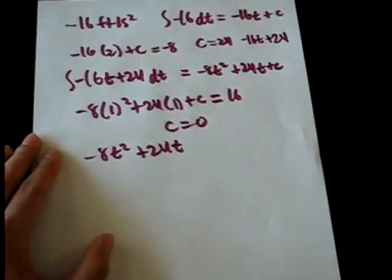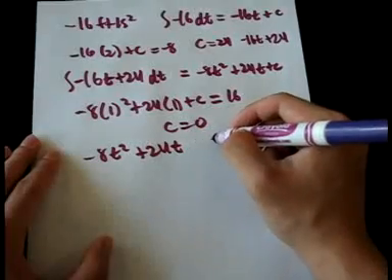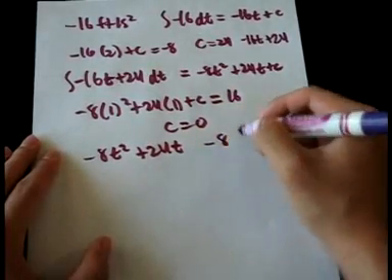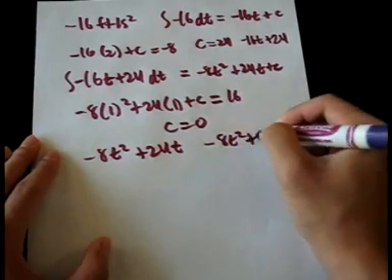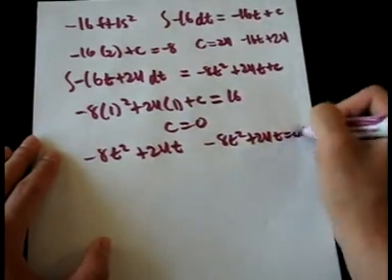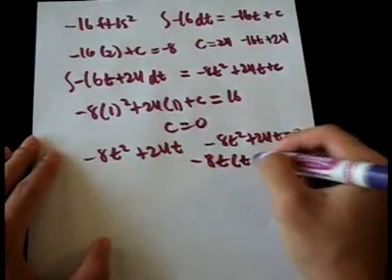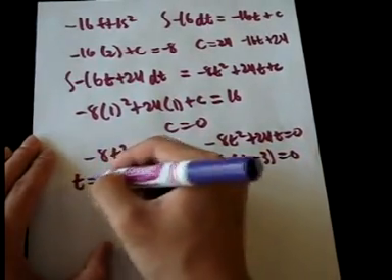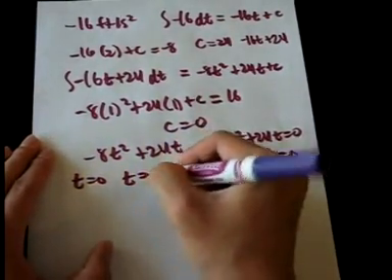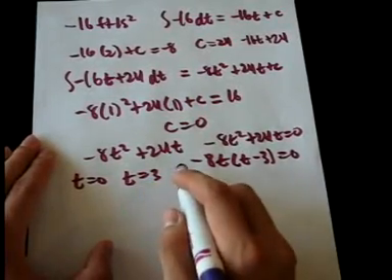To find how long it stayed in the air, you just factor it out and set it equal to 0. So my rocket stayed up in the air for 3 seconds.